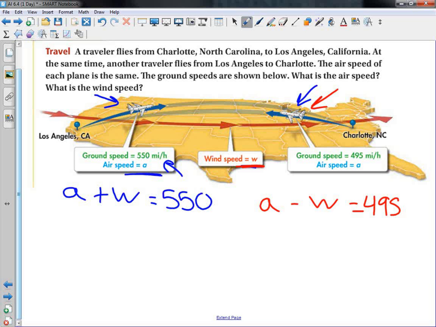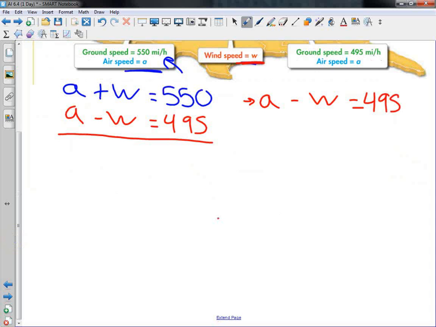Well, since they're pretty much the same, but one's a plus and one's a minus, I think I'm going to use elimination. I'm going to take this red equation and drop it down below, and try to eliminate the W's. So when I add them together, I get A plus A is 2A, W plus a negative W eliminates. And last, I get 550 plus 495, which is 1,045.